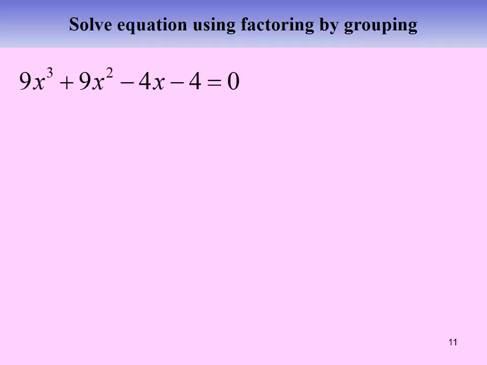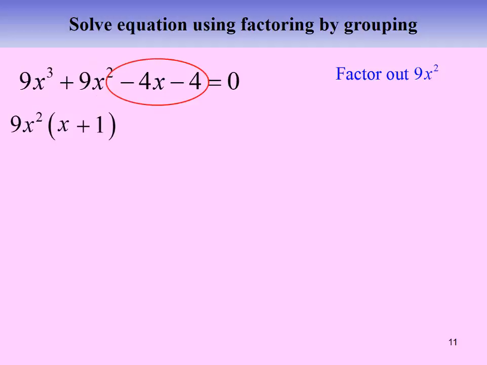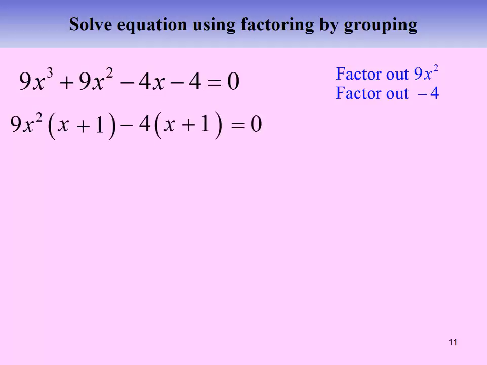This one, we had a problem like it back in Chapter 1 practice. We need to split it apart, factor this, 9x squared, factored out of that, would leave us with an x plus 1. Factor this, negative 4, factored out of that, would leave us with an x plus 1. Now if you look at these two terms separated by the minus, you see that we have an x plus 1 in both of them.